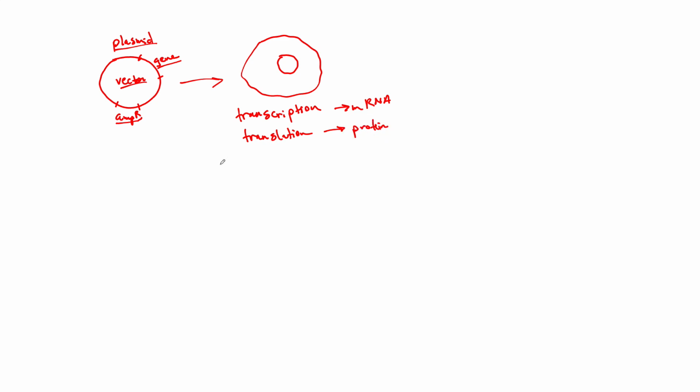And you've also learned in previous classes that in order for these processes, transcription and translation, to happen, you have to have certain elements in the DNA to indicate to the cell, or to trigger the cell, to do these processes of transcription and translation. So let's take a look at this gene.